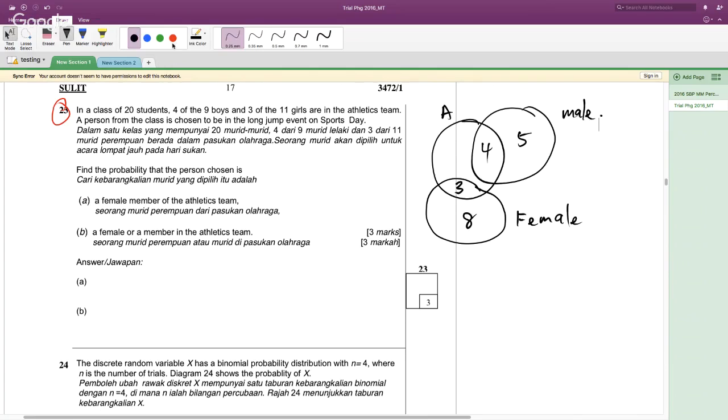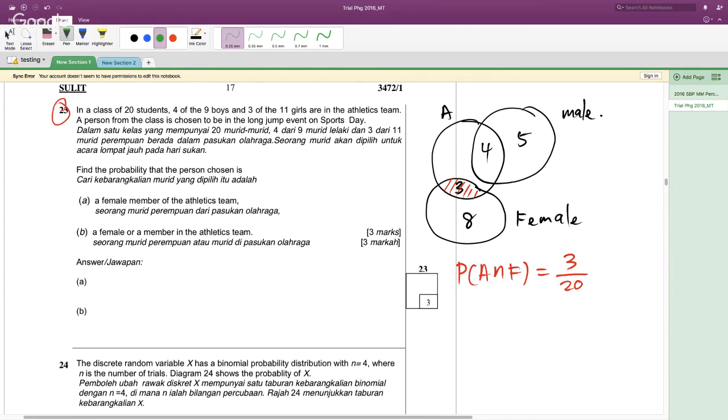So you want the female, so maybe it's F. You want the female who also joined the athletics team, which is this one. So you are trying to find the probability for A intersect F, and this one is just 3 out of 20, over the total.